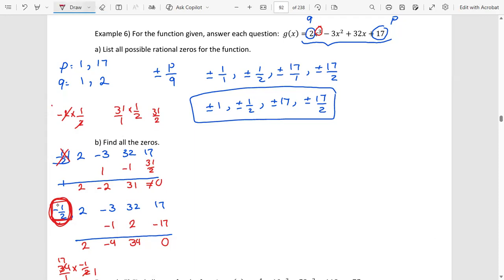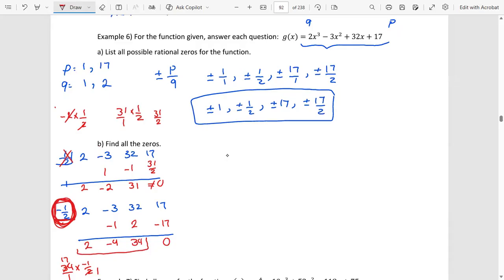Now, you know that one of the zeros is negative 1/2. So you can start dividing this polynomial by negative 1/2. Okay, and you did it. That's over here. So this quotient, which is 2x squared minus 4x plus 34, is a factor of that polynomial. You can set it equal to 0.